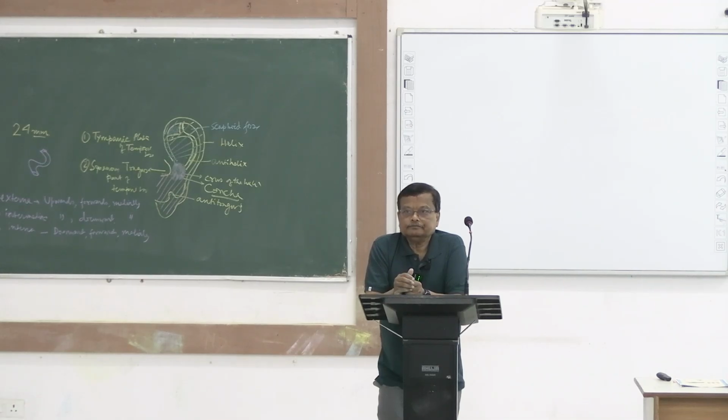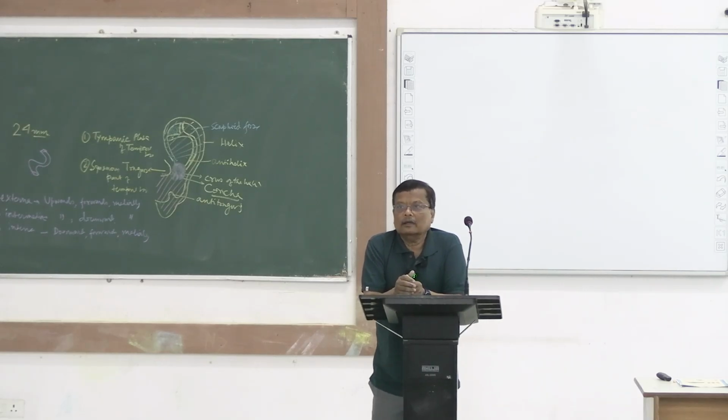Now, nerve supply of the external acoustic meatus. The roof and anterior wall are supplied by the auriculotemporal nerve, and the floor and the posterior wall are supplied by the auricular branch of the vagus.